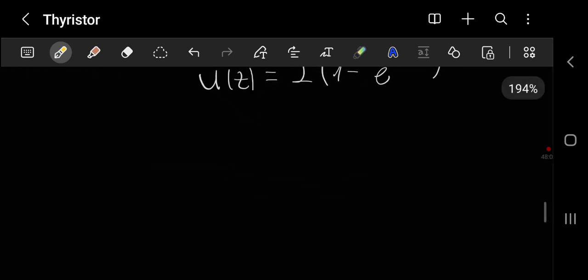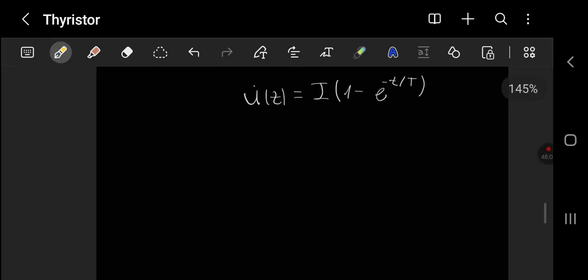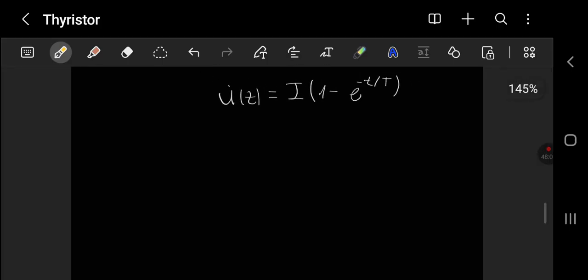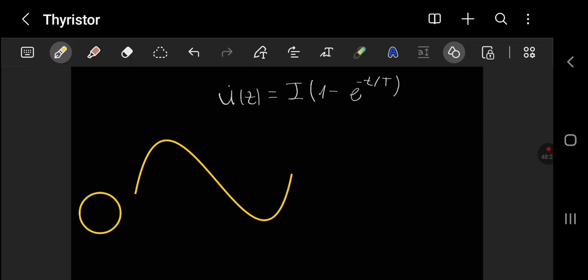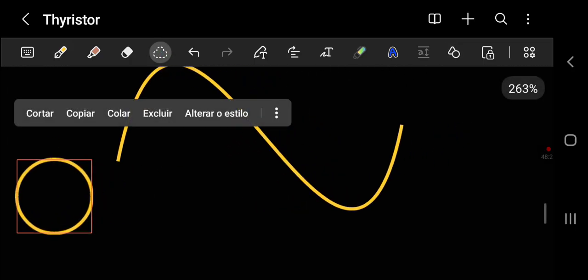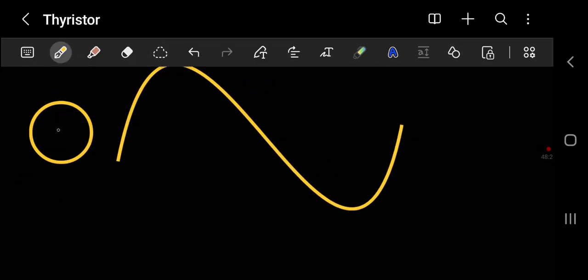If you don't know, or if you never worked with a trigger circuit, it's interesting to just know the waveforms. A typical waveform of a triggered circuit, which is generally used for AC circuits.